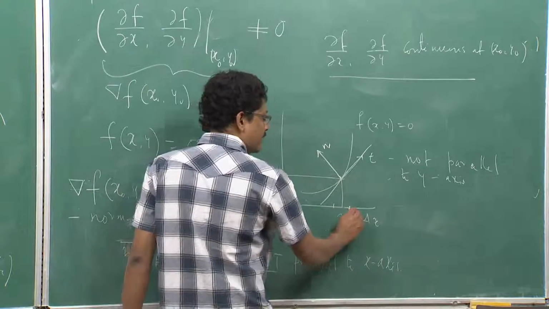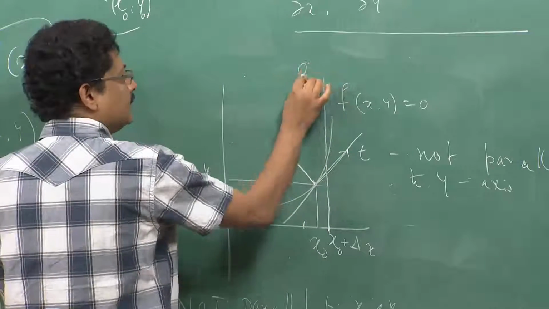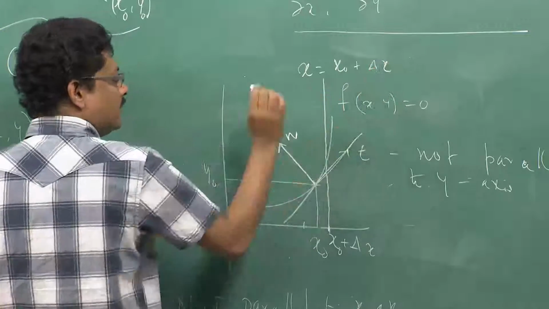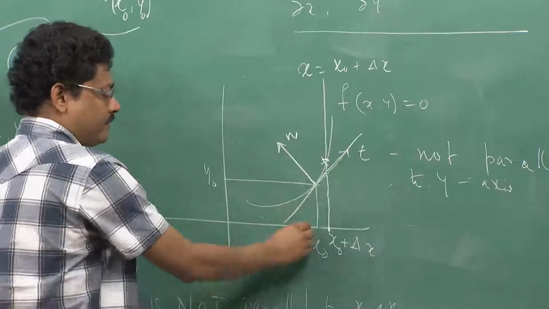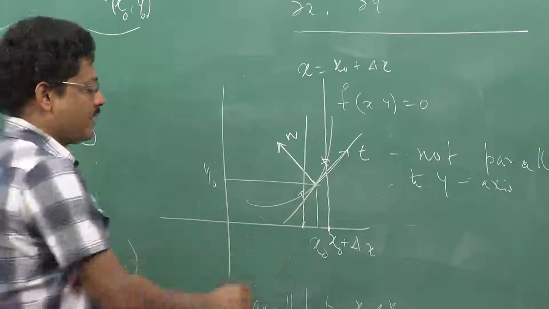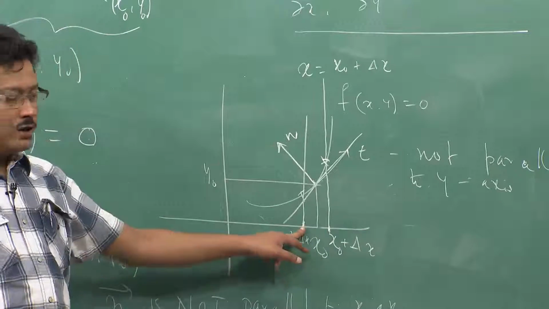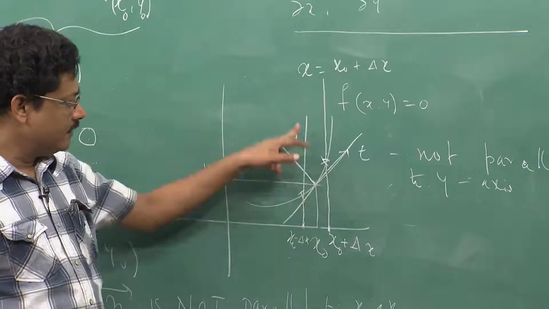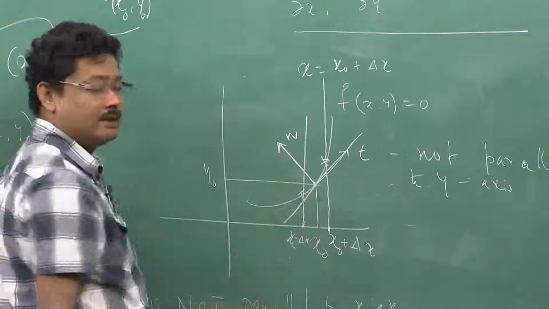Then if I draw this line, this is the line x equal to x naught plus delta x, then this line will intersect the curve at a unique point. Similarly here, x naught minus delta x. This line x equal to x naught minus delta x will intersect this curve at a unique point, and that is my unique y.